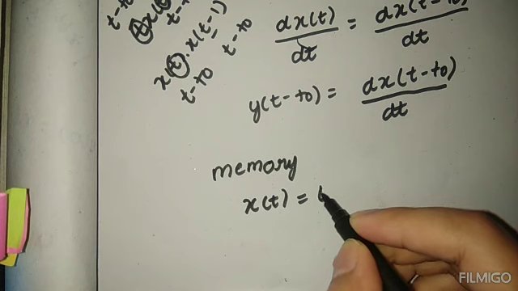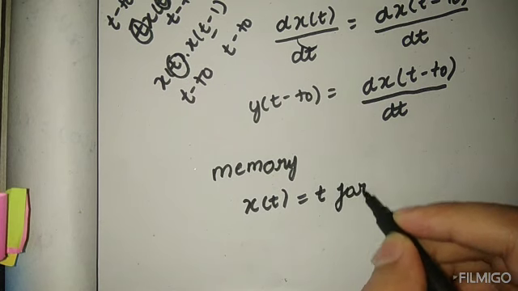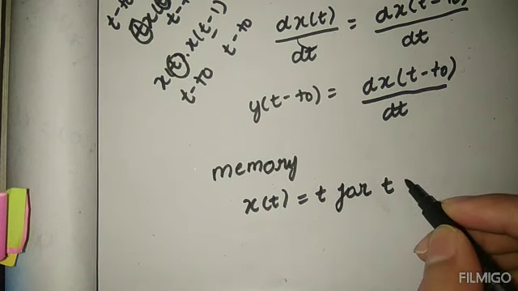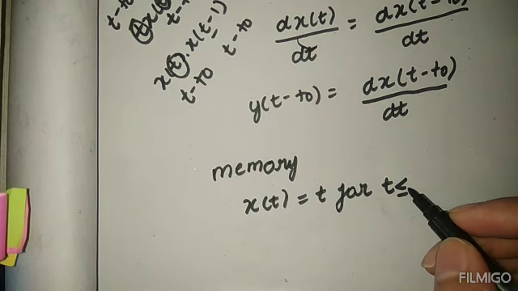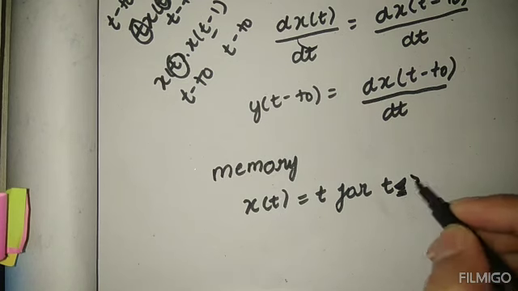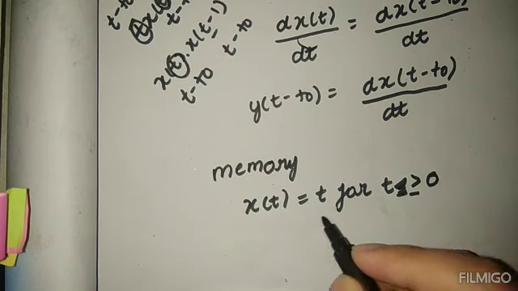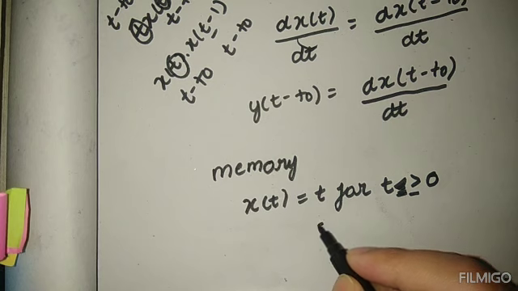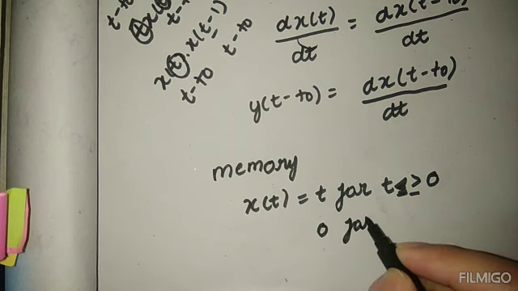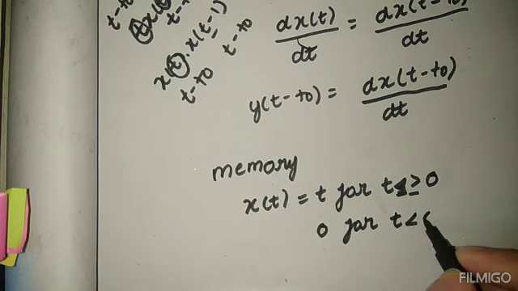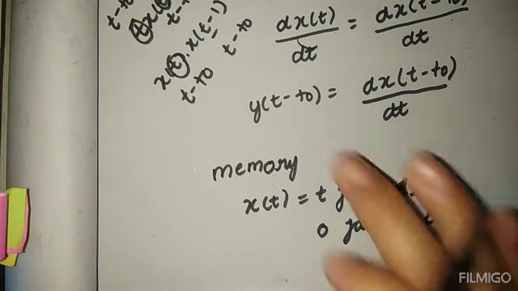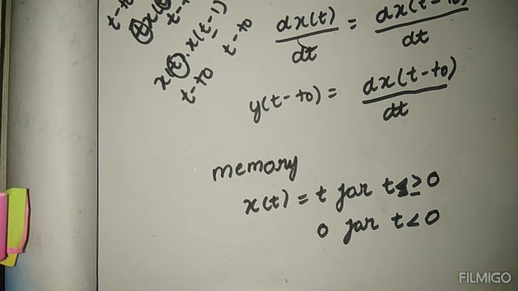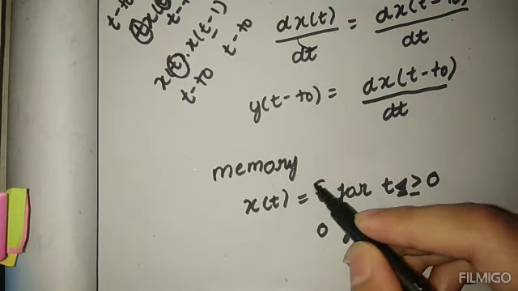That is x of t is equal to t for t greater than or equal to 0, and they're telling that it is 0 for t less than 0, right? What is this condition? This condition is somewhat equal to the unit step function, right? Because for t greater than or equal to 0, it is 1. But here he is telling that it is t.